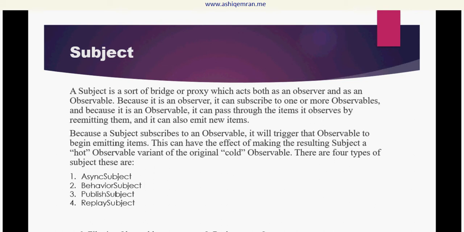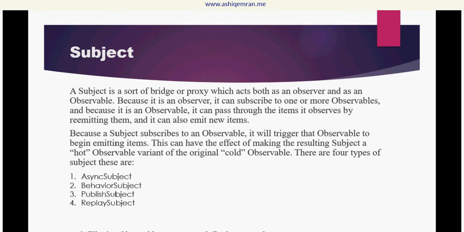And Subject, this is the most important thing here. So a Subject is a sort of bridge or proxy which acts both as an observer and as an observable. So it is working as an observer and as an observable. Because it is an observer, it can subscribe to one or more observables.